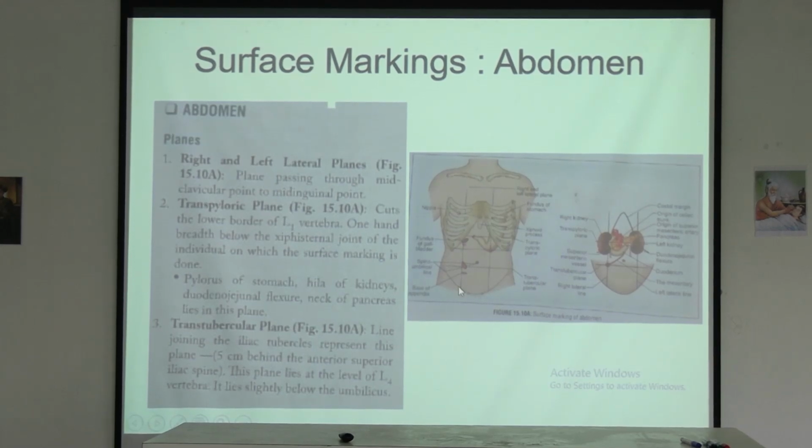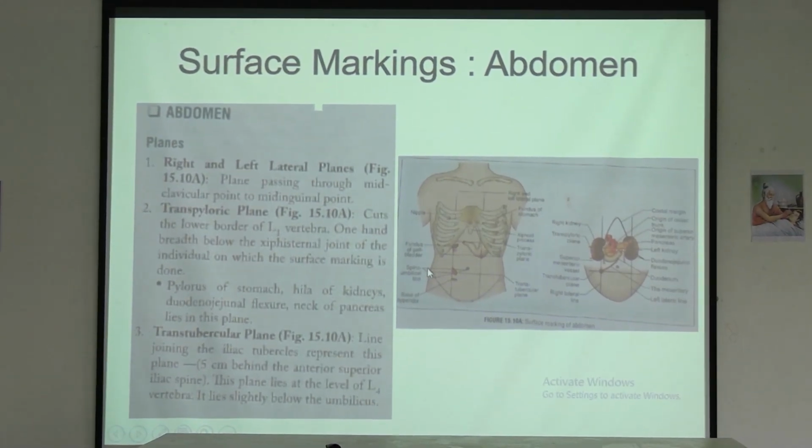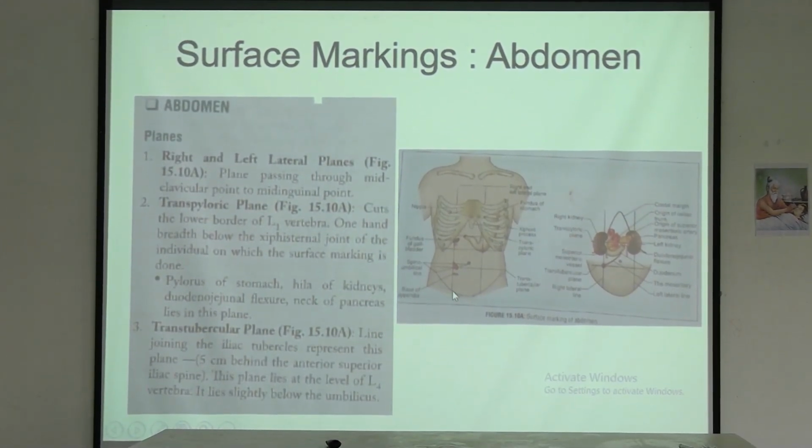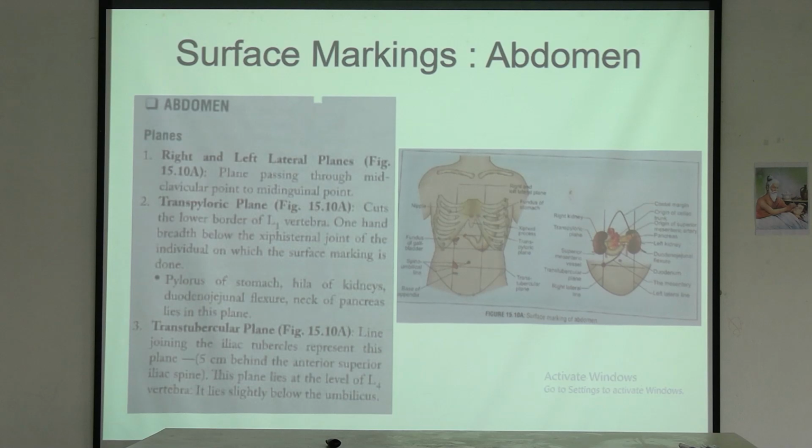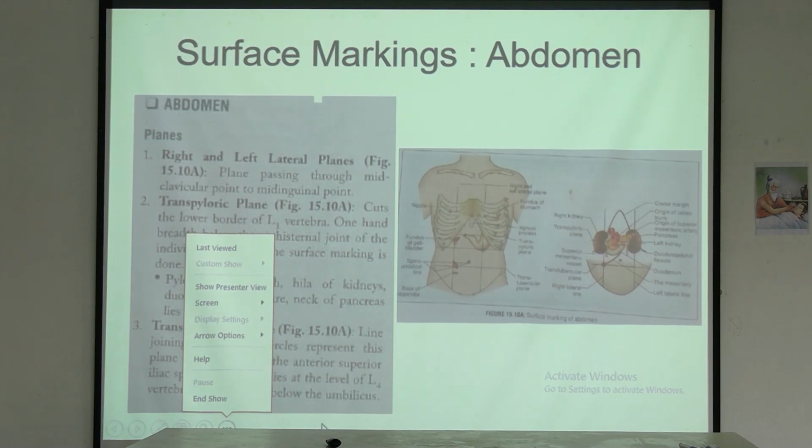That line is continued below and it passes through the midpoint of the inguinal ligament, the mid-inguinal point. So, we can get two planes or two lines, that is the right and left lateral planes.